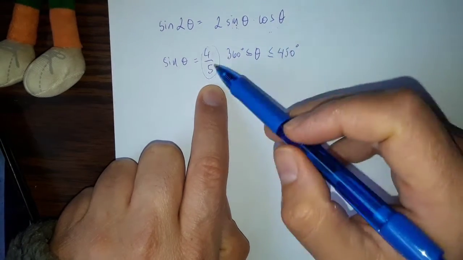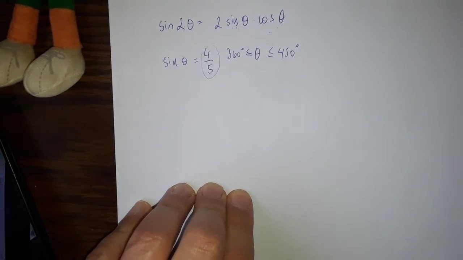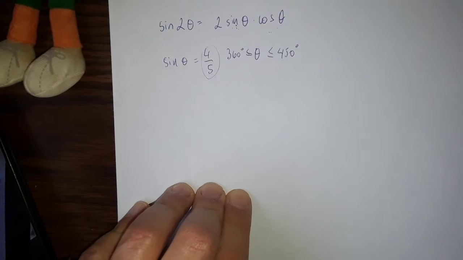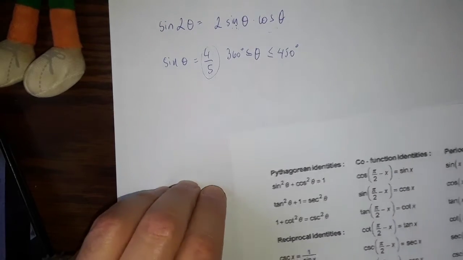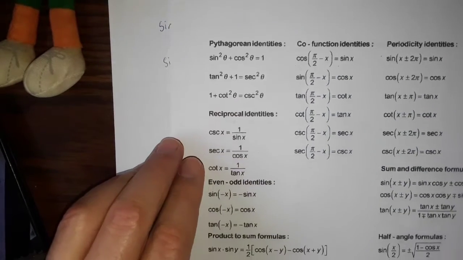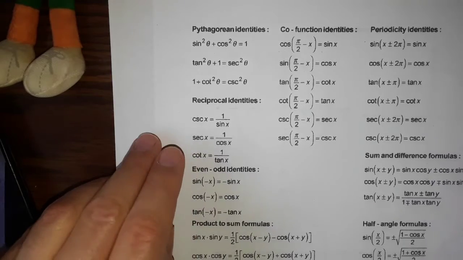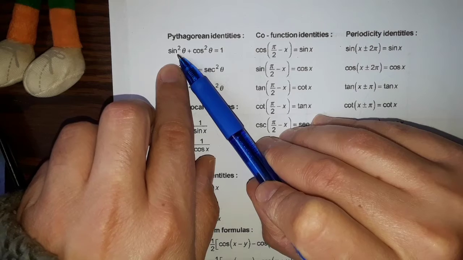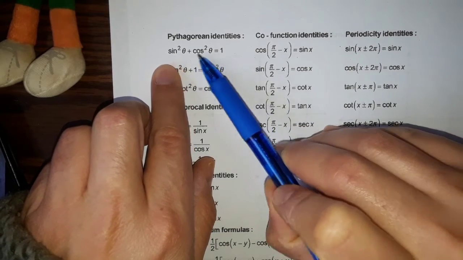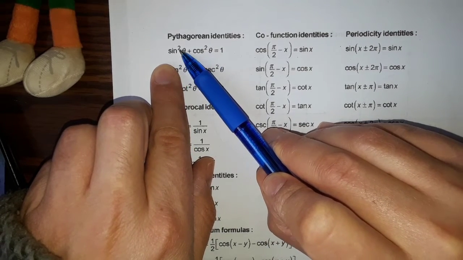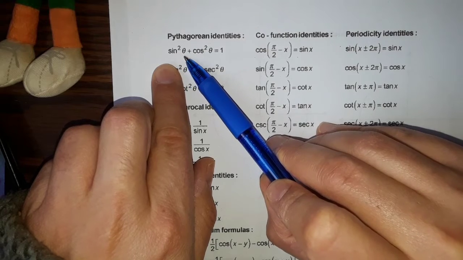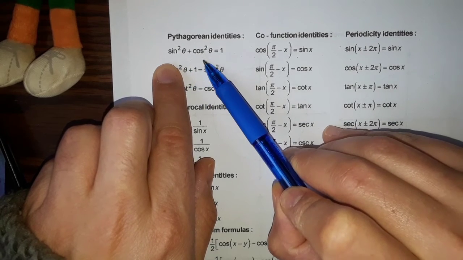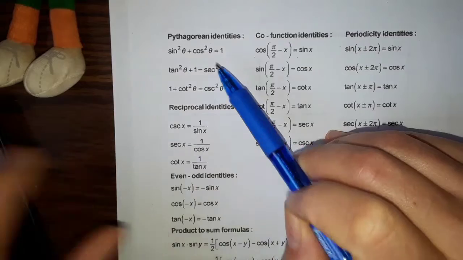There are many ways to do that, but I'll show you. It's maybe the longer way, but it always works, okay? So if we go back to the formula, we're going to see there is the formula that relates the sine and the cosine. Sine squared plus cosine squared of the same angle gives us 1.